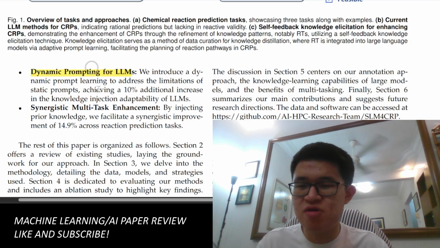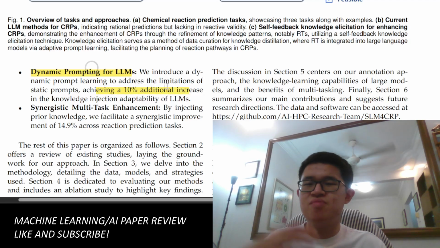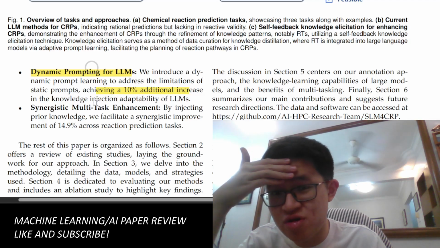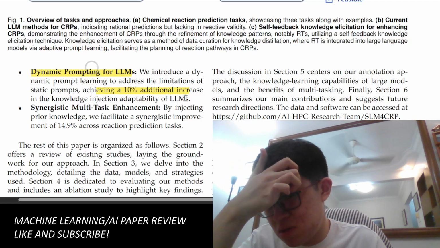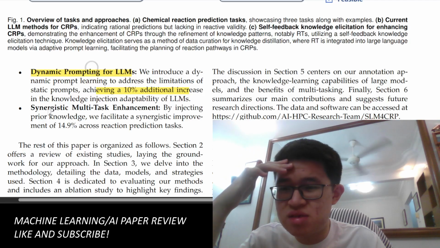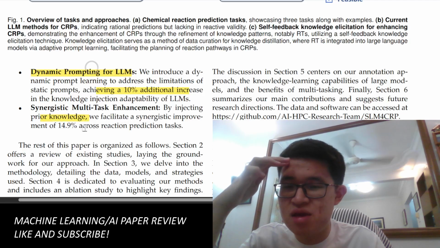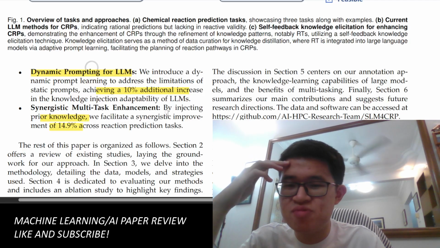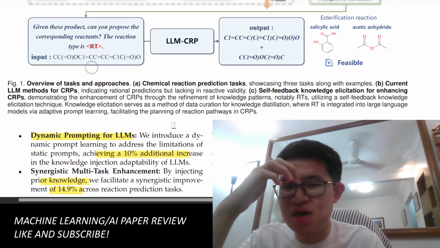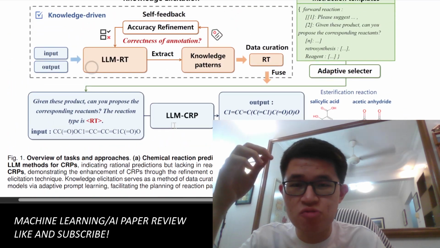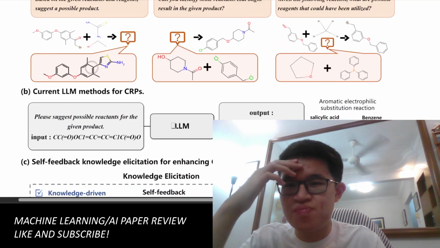We introduced dynamic prompting, which then increases by 10% in adaptability for knowledge injection into LLMs. And then by injecting prior knowledge, they can have an improvement of 14.9% across reaction prediction tasks, but we shall see if that's true or not, right?